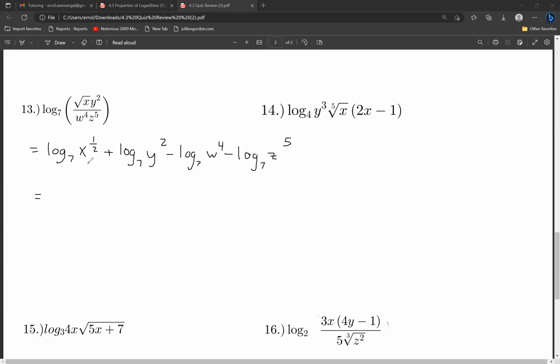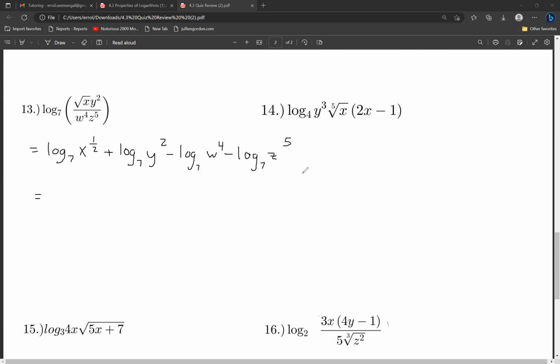Now can we simplify that? Now just bring your exponents down to the front. Hold on, let me rewrite this. Oh, this is log 7, not log 4.